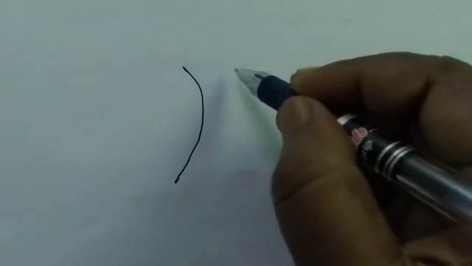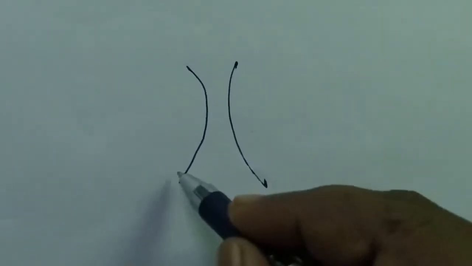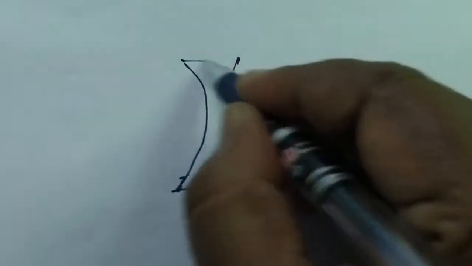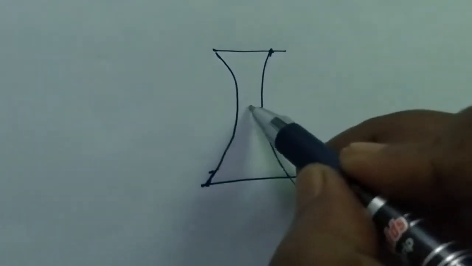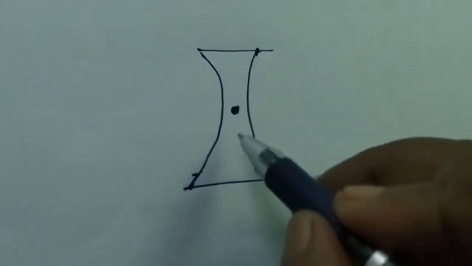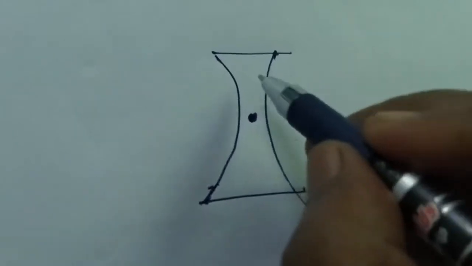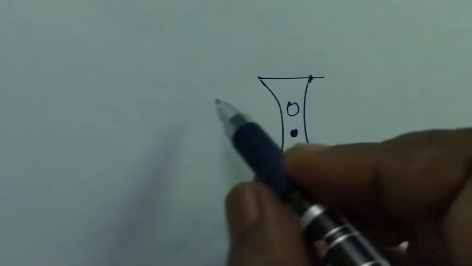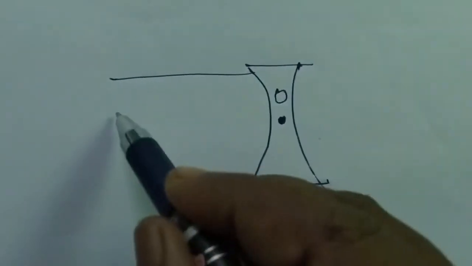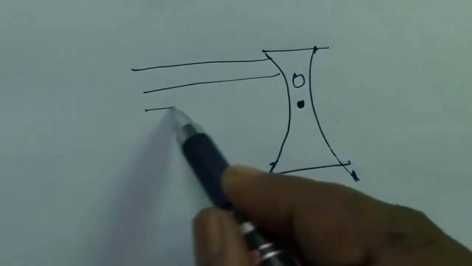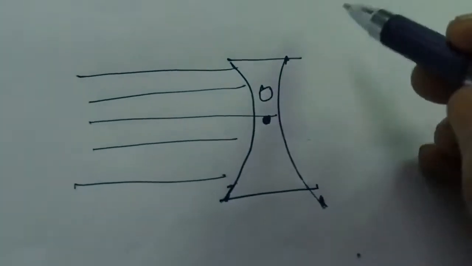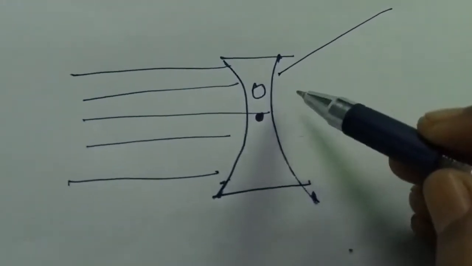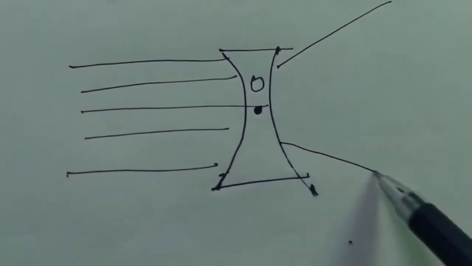Now let's take a concave lens. For the concave lens, just draw an optic center O. The rays of light come from infinity and diverge. So a concave lens is a diverging lens.